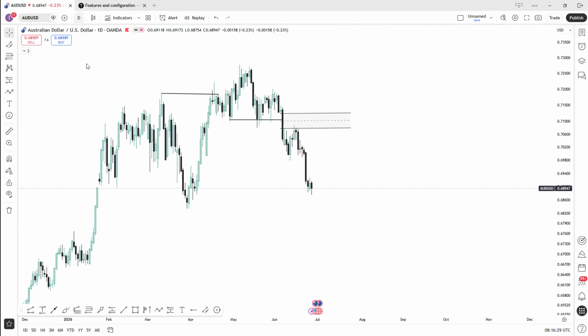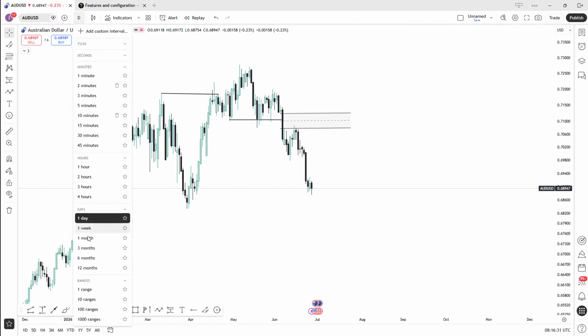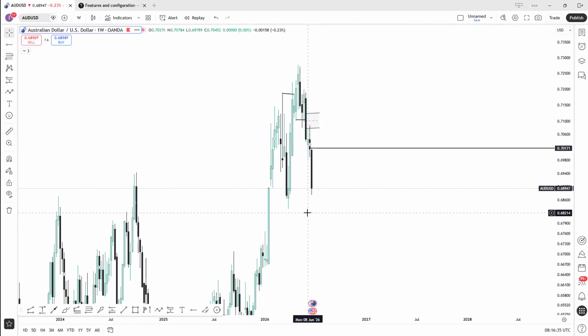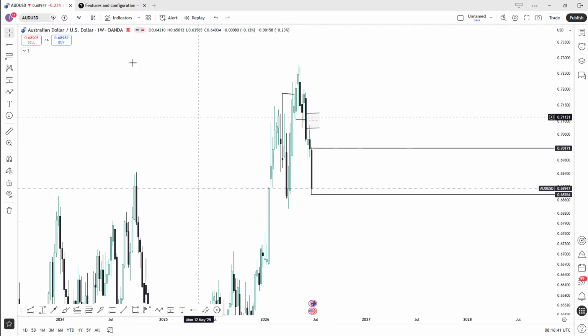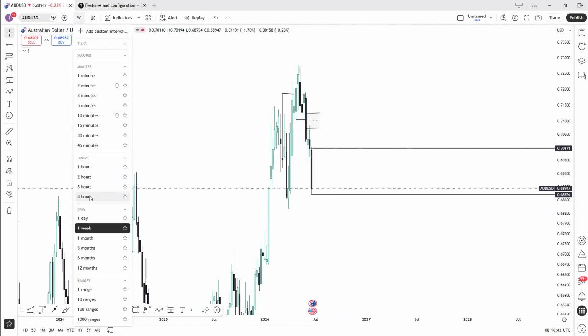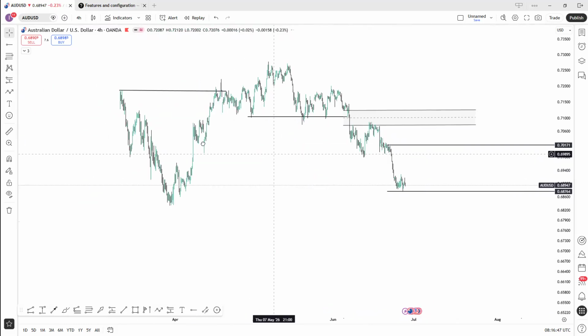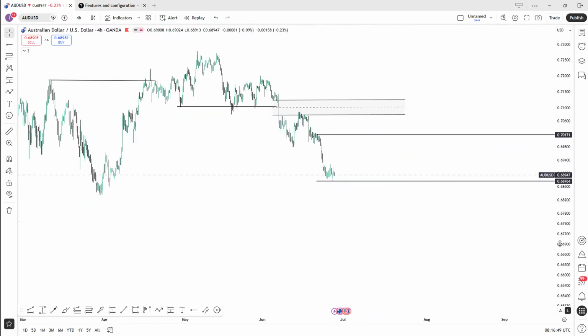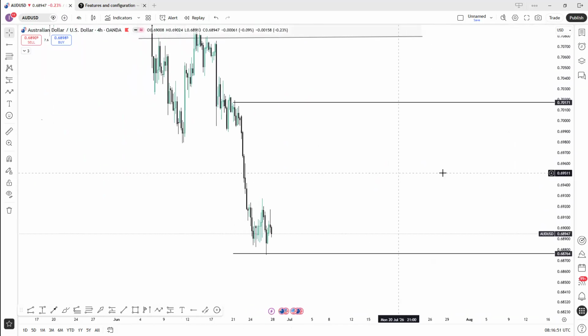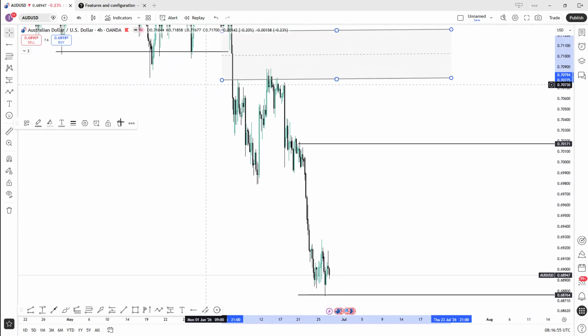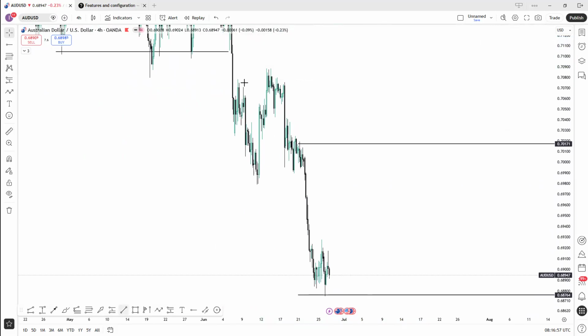So let us see the weekly time frame to get a range, the weekly range. As the weekly candle was bearish, you can see we can spot out that weekly range, so we can get a clear area to concentrate on. Shift your time frame to the 4-hour time frame. On the 4-hour time frame, we have this kind of market structure. You can see price took out this buy side liquidity previously.